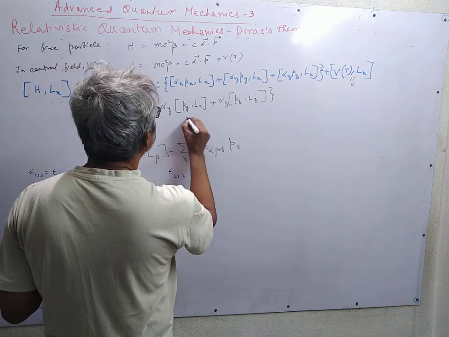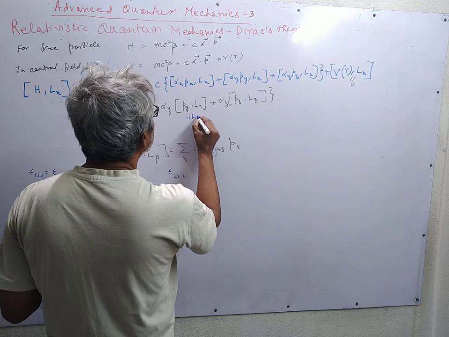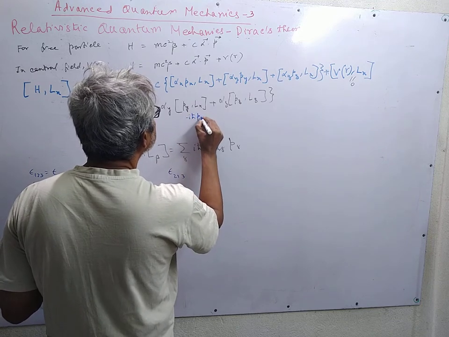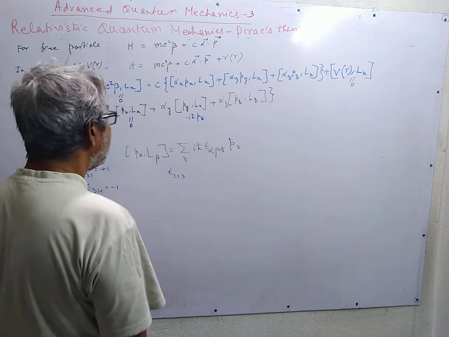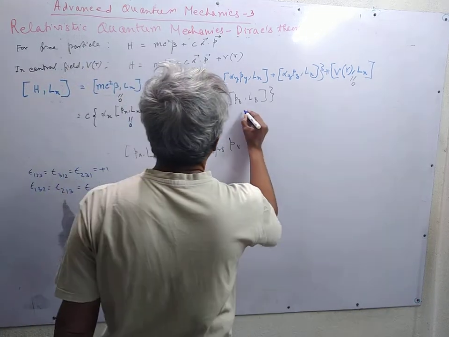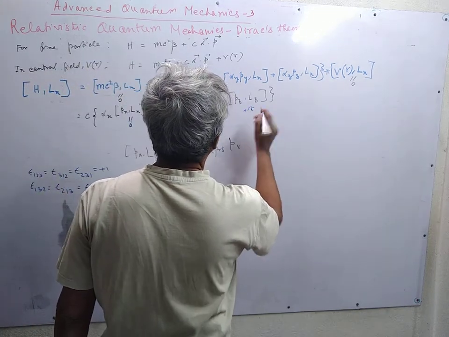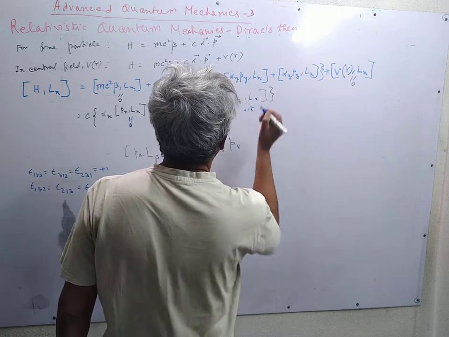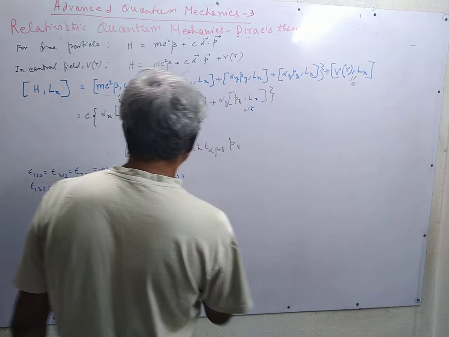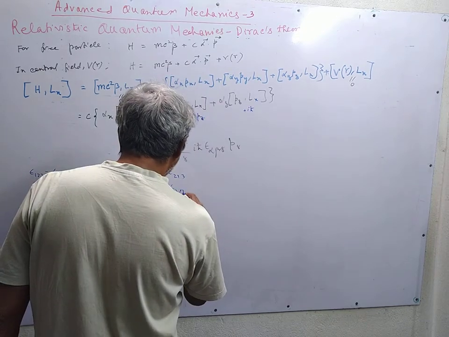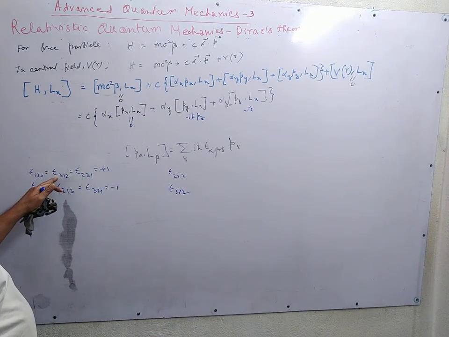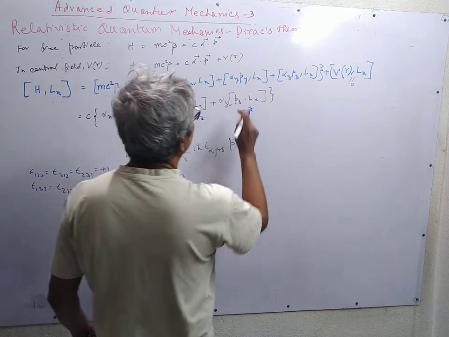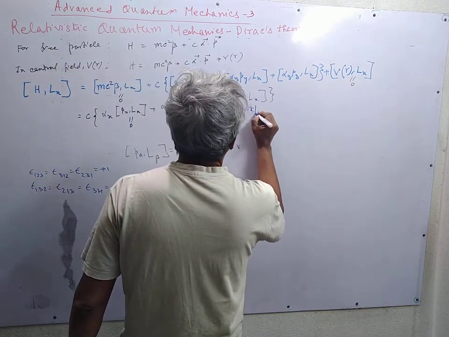So this part is minus i h cross pz, and coming to this part it is plus i h cross, because it is 3 1, so this should be epsilon 3 1 2, which is plus 1, so i h cross py.